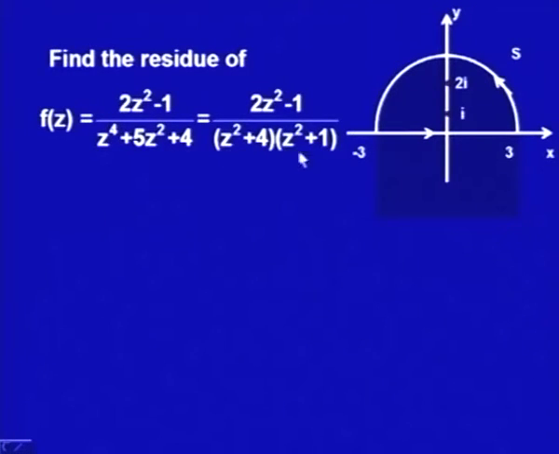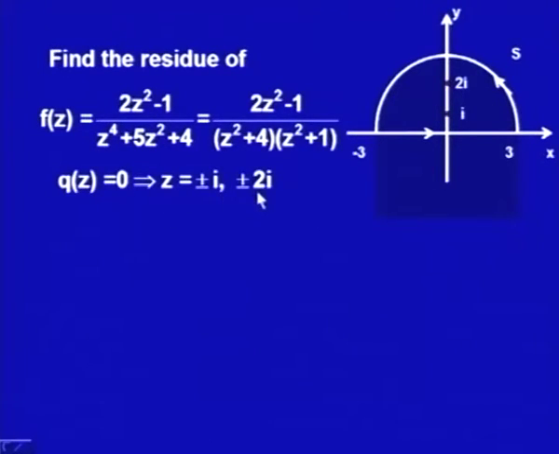So the factors: the zeros of the denominator would be, z square plus 4 is 0, that is z is equal to plus minus 2i, and z square plus 1 is equal to 0, that is z is equal to plus minus i. That says this function has 4 simple poles.